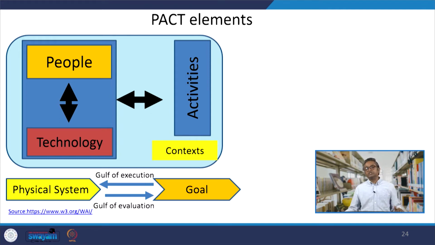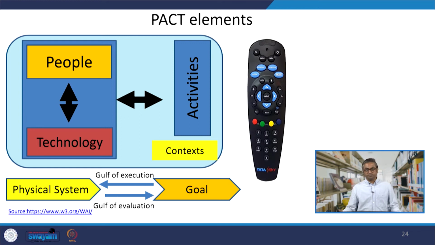The execution stages are: what action is required, what specific measures are required to execute the task, and when those actions have been performed, how well we are performing, evaluating it to reach towards the goal. So, if we see on this screen the remote control on your right hand side, you can see that people are interacting with the technology, a person is interacting with the technology.